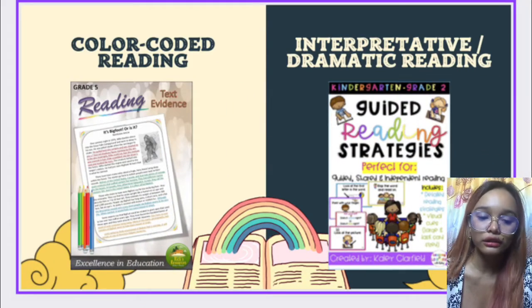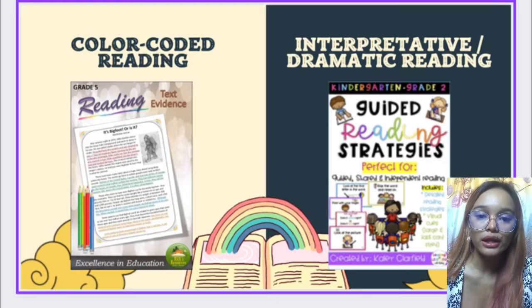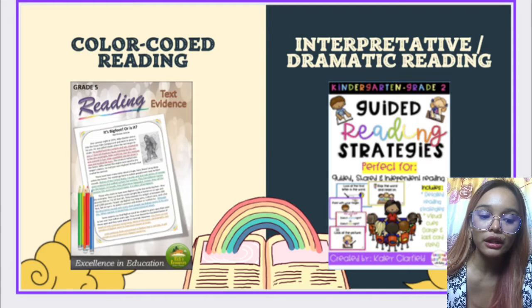Color-coded reading, if you are familiar with it, can be employed to assess reading readiness. The teacher prepares a paragraph with sentences that are written and highlighted in different colors. Then the teacher groups the class and assigns a particular color, similar to the colors in the paragraph, to identify each group.